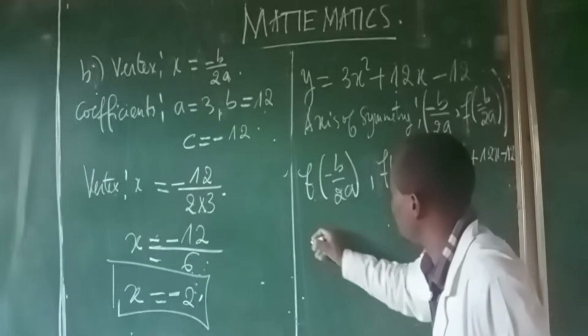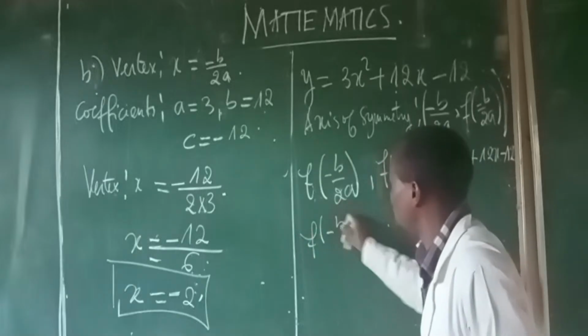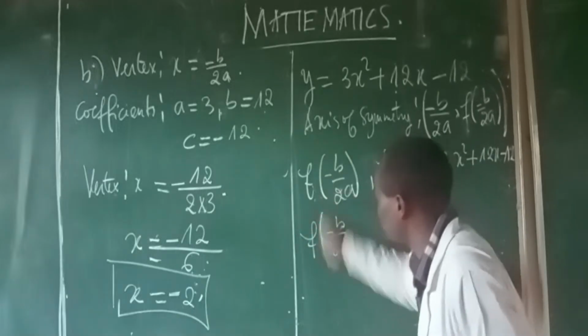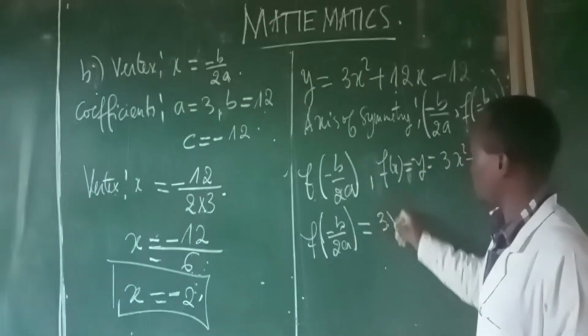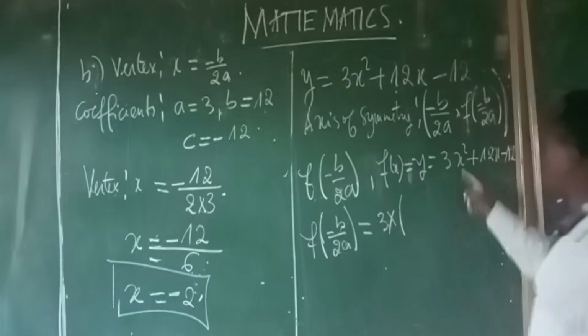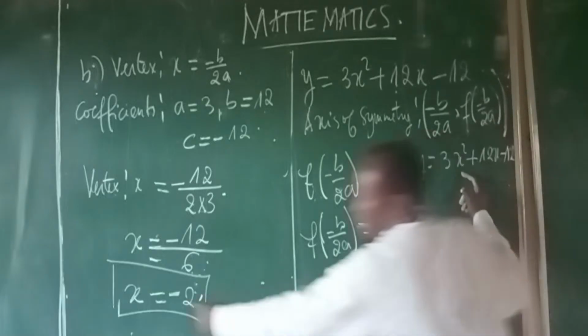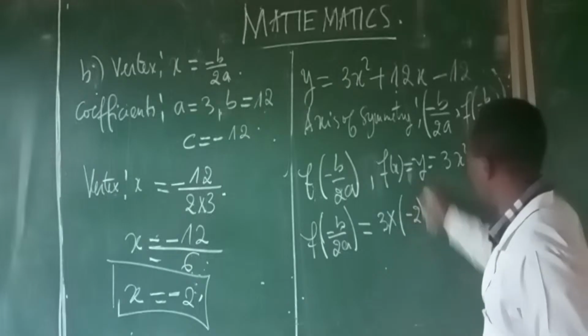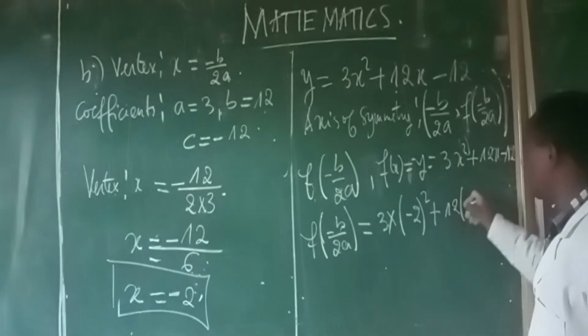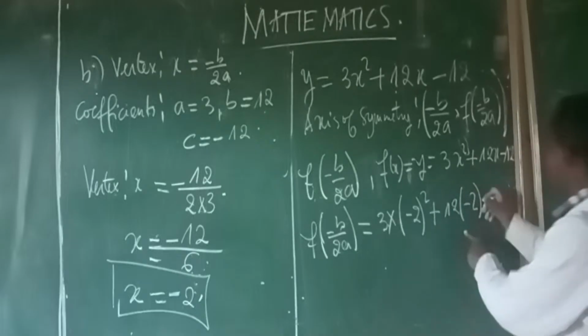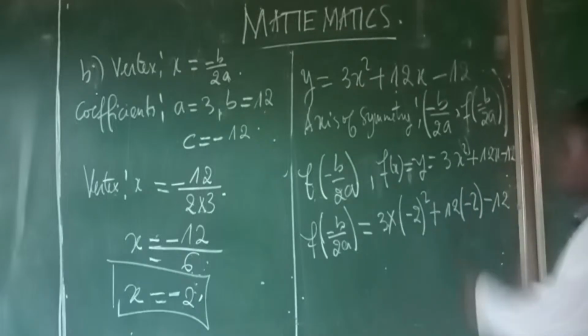Then f of minus b over 2a will be 3 times x equal to minus 2, squared, plus 12 times minus 2, minus 12. Right?